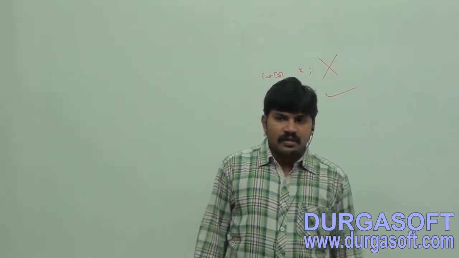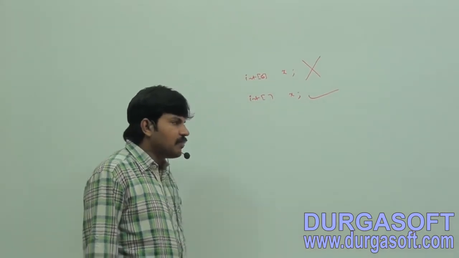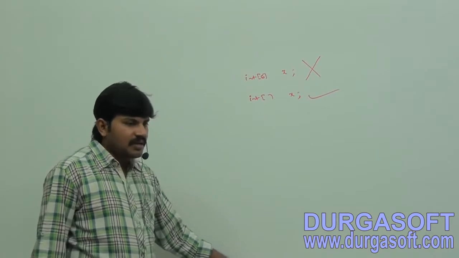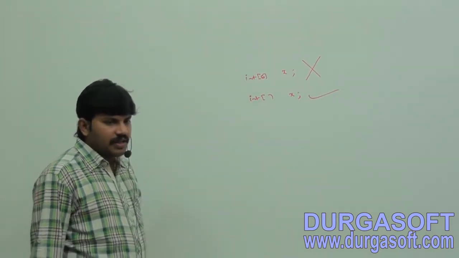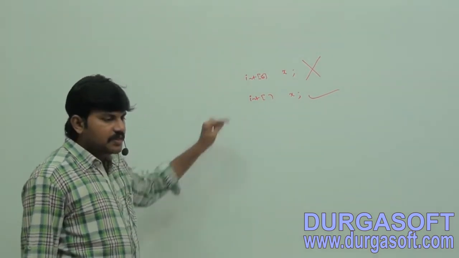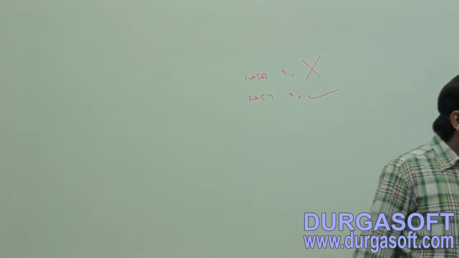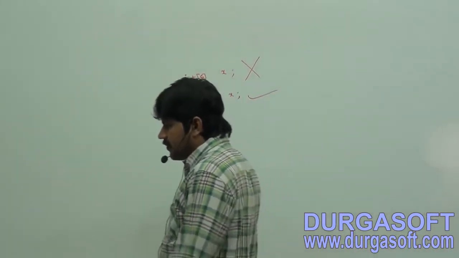Otherwise we will get a compile time error. Okay, take this one. It's a very important conclusion, so keep a star for that point. Int array of 6 x is invalid, but int array x itself is valid.